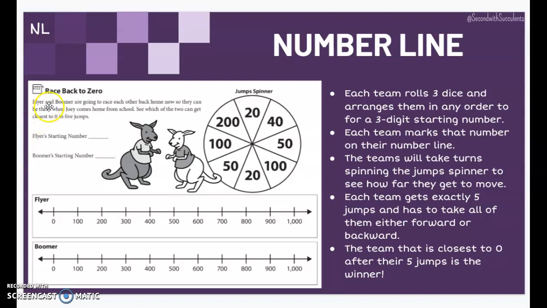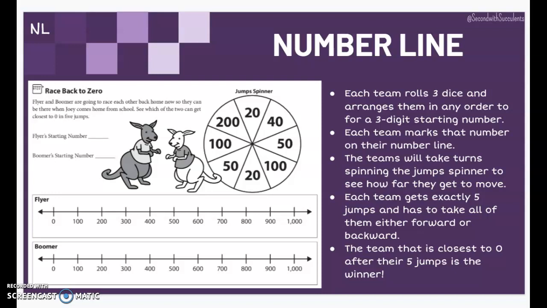Let's read the beginning, or the top part of our page right here for Race Back to 0, and then I'll tell you who is playing for who. Flyer and Boomer are going to race each other back home now so they can be there when Joey comes home from school. See which of the two can get closest to 0 in 5 jumps.